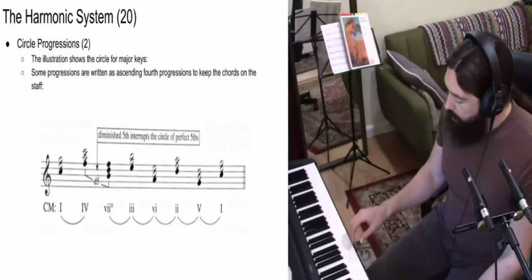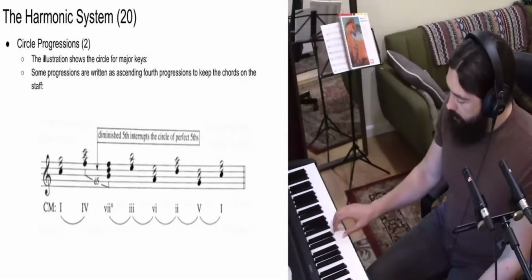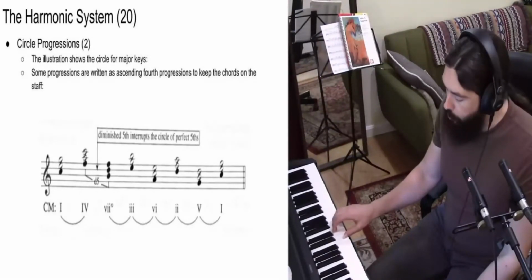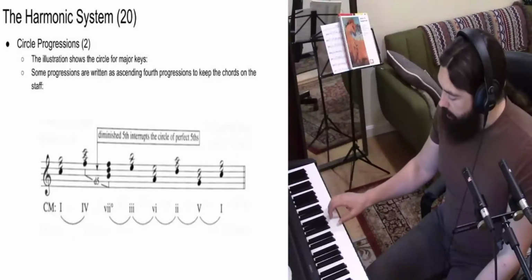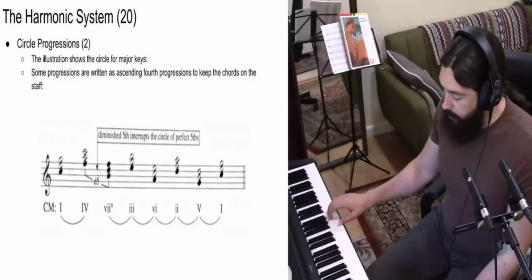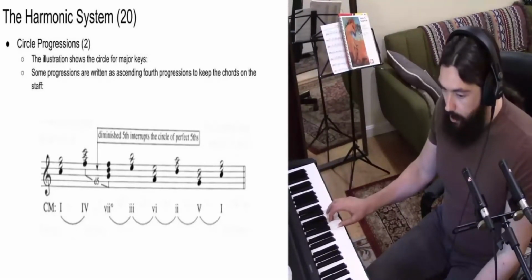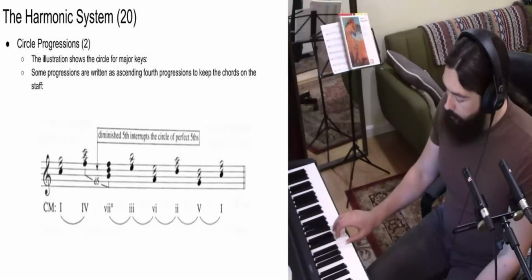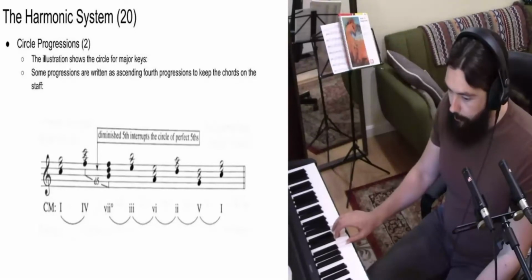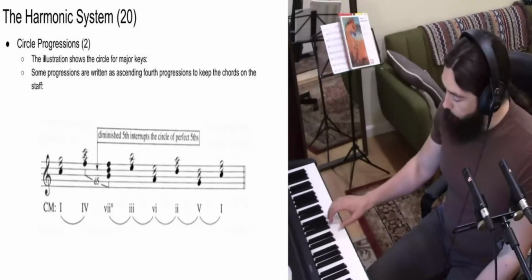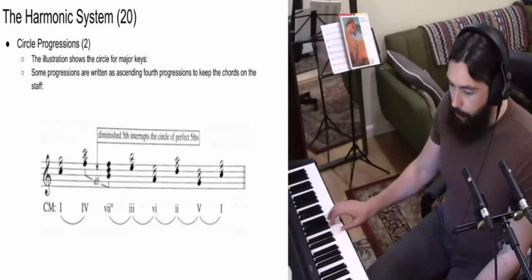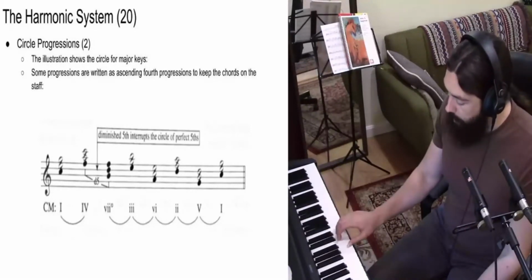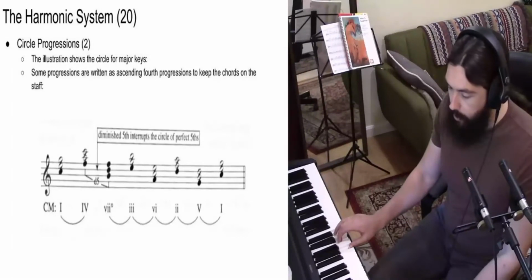In the key of C major, our 1 chord is C, then our 4 chord, we're ascending a 4th, is F, and then we descend a 5th, and that gets us to our 7 diminished. Then if we ascend a 4th, we end up with our 3 chord, and then we descend a 5th below that, we get to a 6 chord.